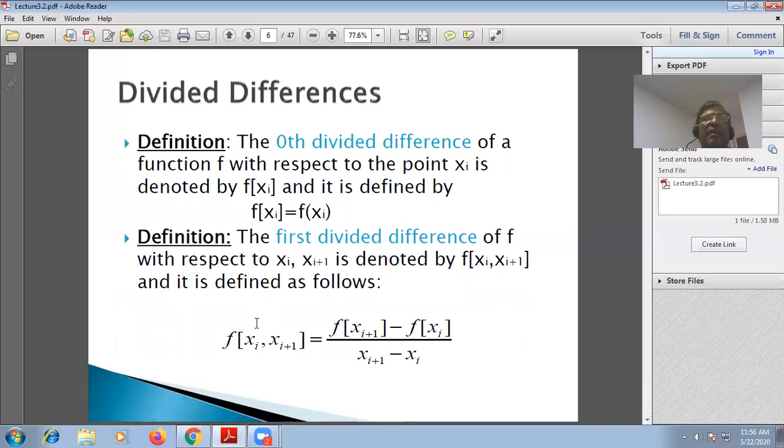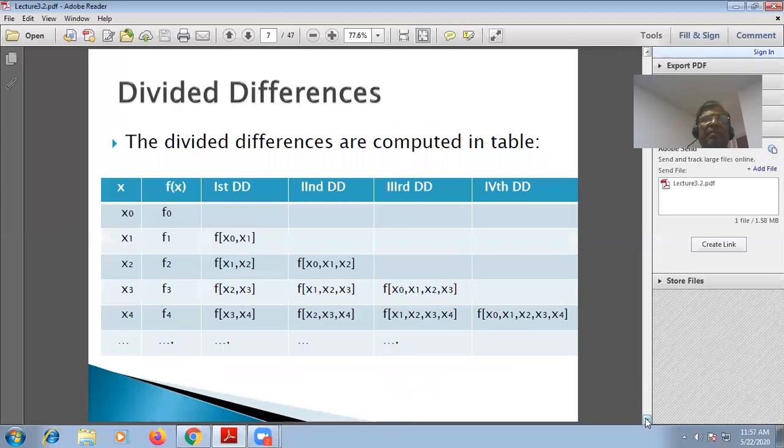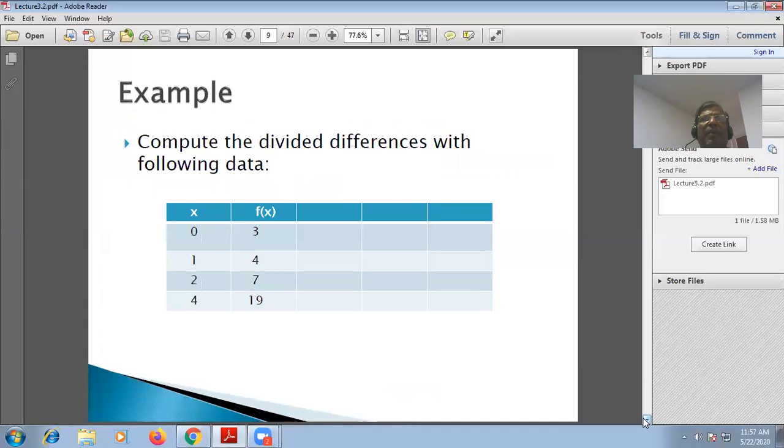Here are the divided differences for the closed interval points. You can apply the same concept as in the above example, for the second divided difference and the kth divided difference, as computed in the table given in the above explanation.